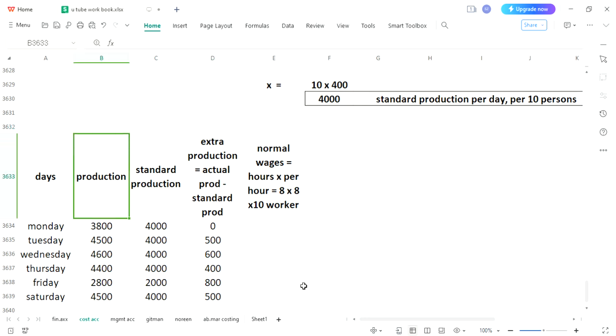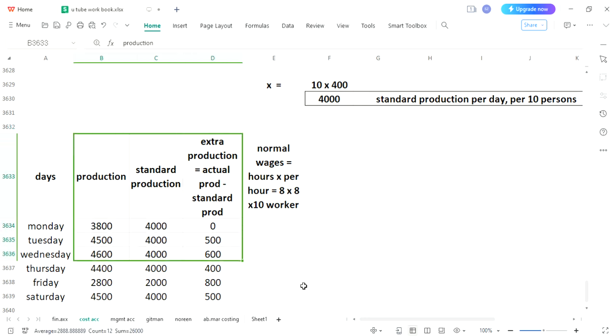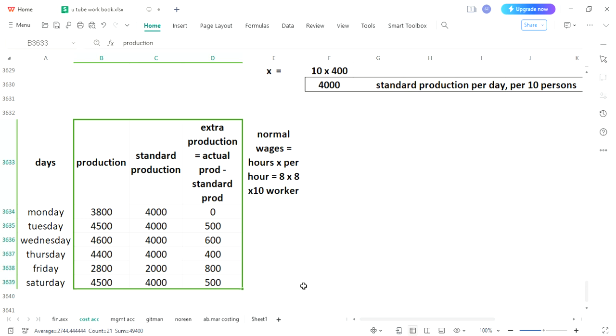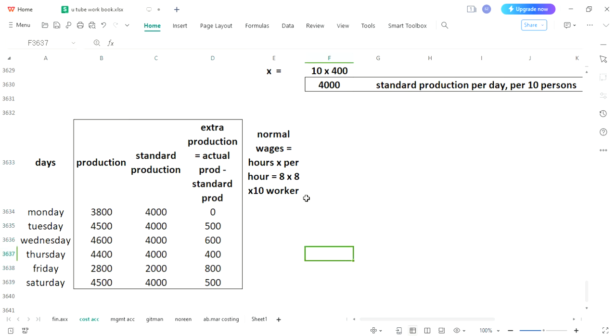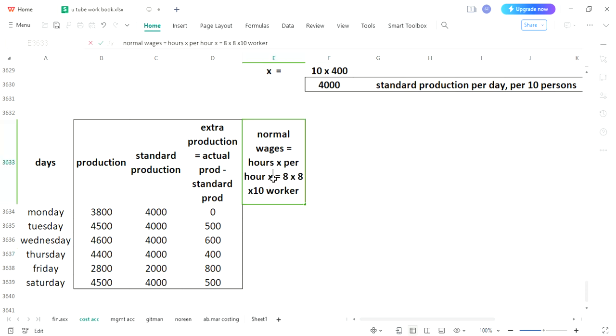Let's separate this part as it was directly associated with units only. So we are separating it. These are units. And now from here our amount has started. Normal wages, how will you calculate? Hours multiplied by per hour and multiplied by workers as well.